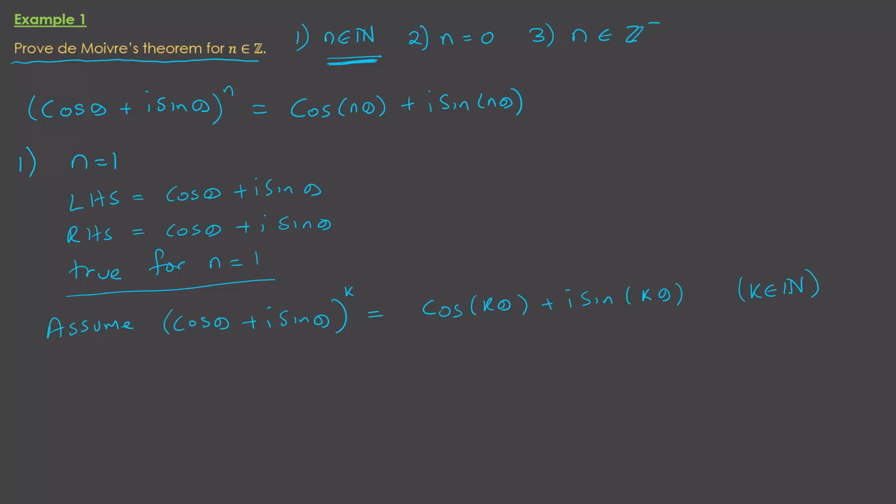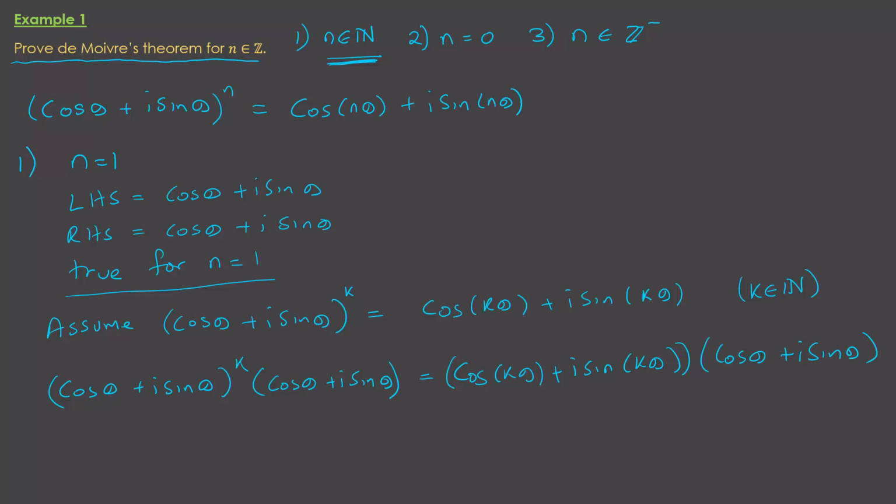And then what we're going to do is consider (cos theta + i sin theta) to the k being multiplied by (cos theta + i sin theta), and that's going to be (cos k theta + i sin k theta) being multiplied by (cos theta + i sin theta).